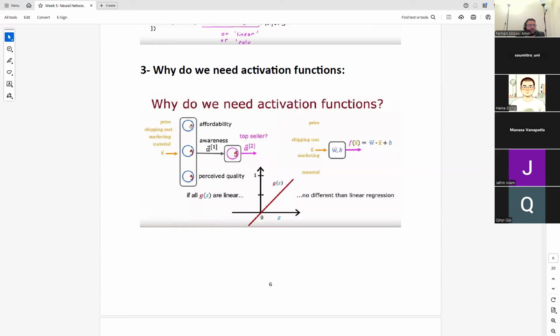So what if we use the linear activation function on all the nodes in the first layer? And again, for the output layer, we use a linear activation function. Then this neural network is equivalent to the linear regression model that we learned in the first lecture, with f of x equal to wx plus b.